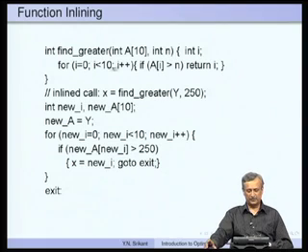This is the replacement for the i variable that is here, and the check a[i] greater than n will be new a[new i] greater than this n, which is 250, and if so, we just assign x equal to new i, that is we are executing the return statement now, and then go to exit, jump out of the body. So, there is no question of subroutine jump and subroutine return, but the value that is necessary will indeed be returned by this particular statement.